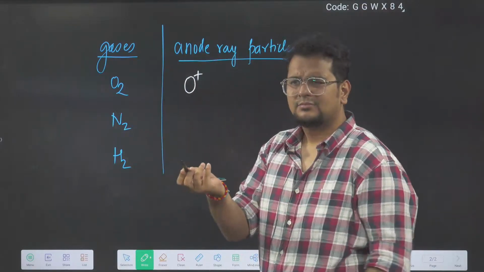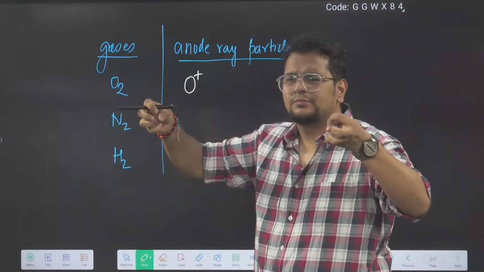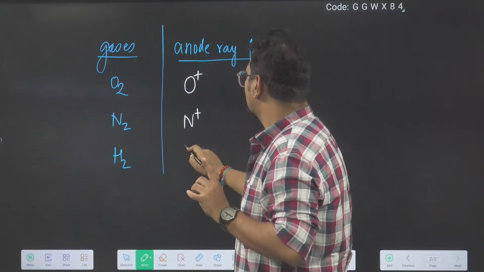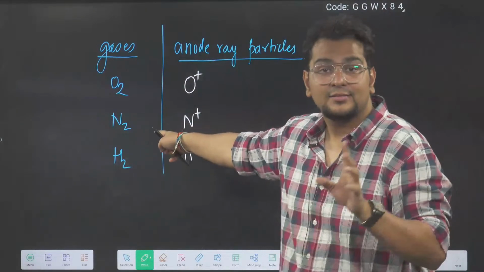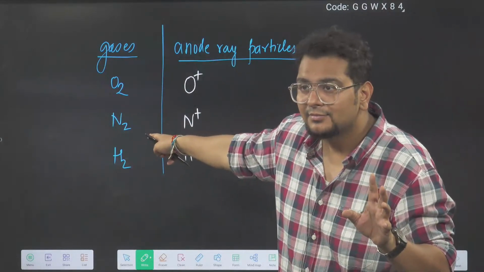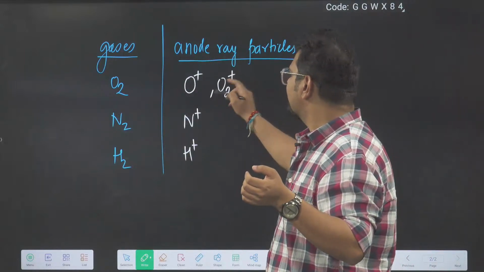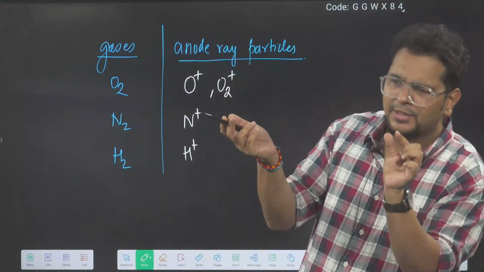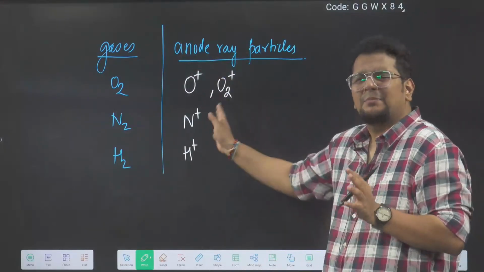A high energy electron came, broke down O2, and an electron was ejected, giving O+. Nitrogen gives N+, hydrogen gives H+. Gaseous cations. O2+ is also possible, where one electron ejects from the O2 molecule, but for simplicity I am taking O+, N+, H+.